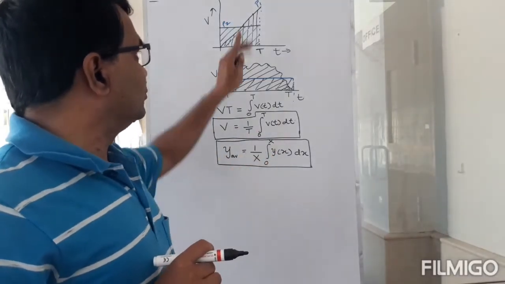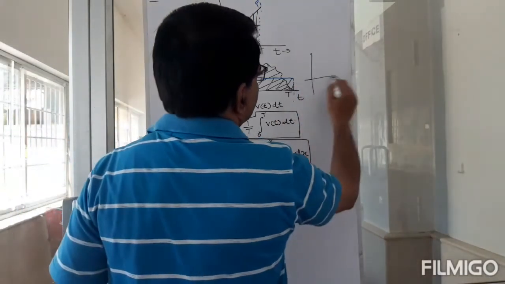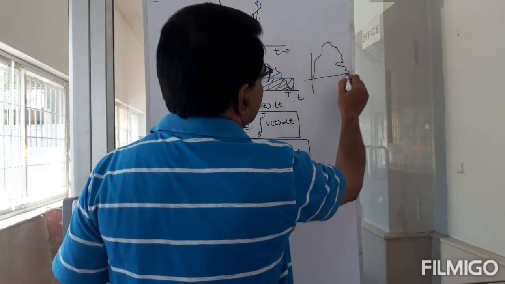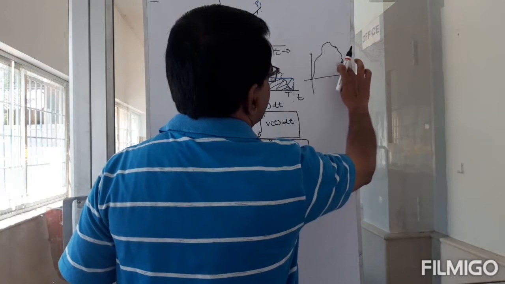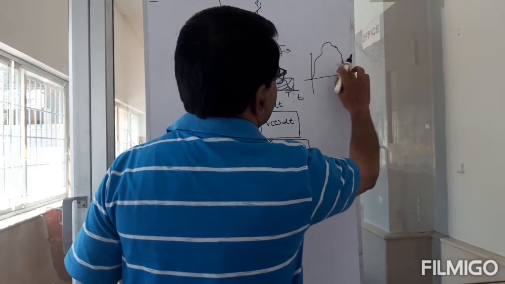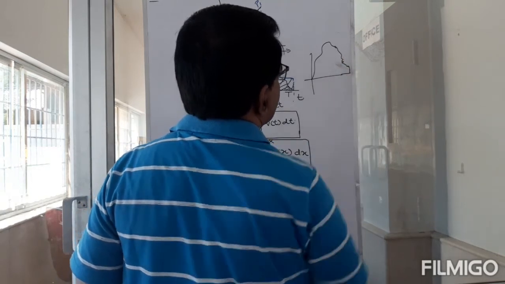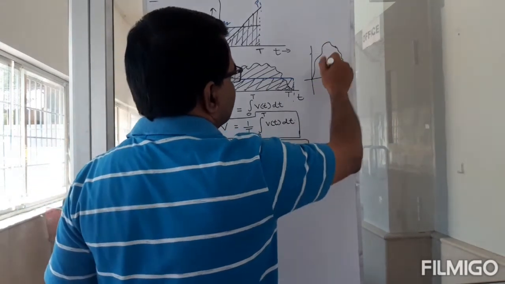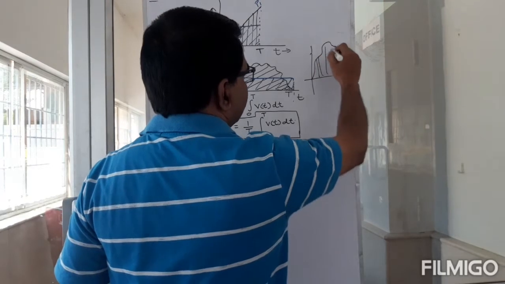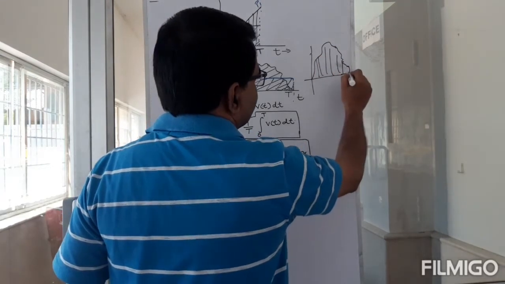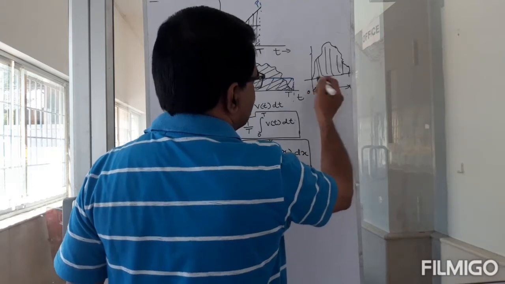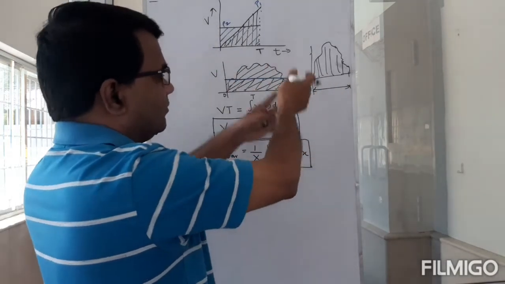So when you do this, you take any function, any random function, like that. Then you find the area under this curve, and then you see you have this range from 0 to something, okay? It doesn't have to be 0, it can start from some value to some other value.